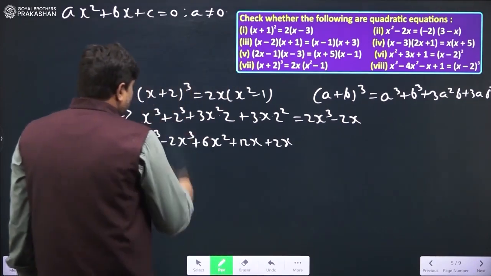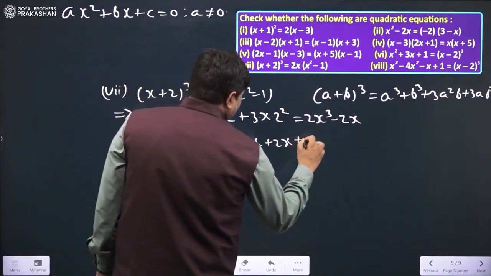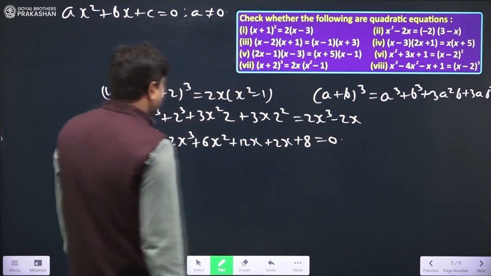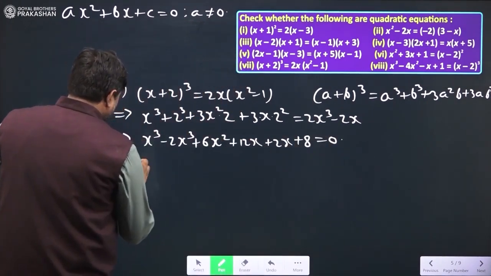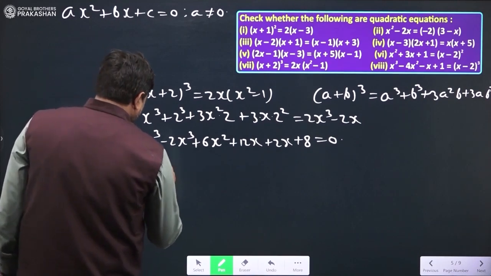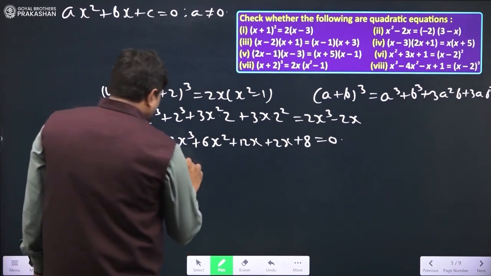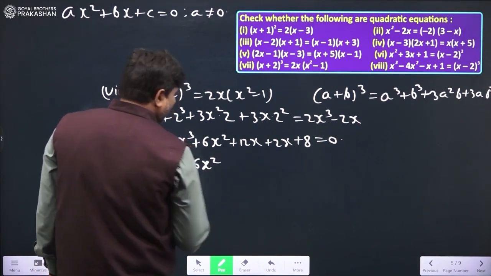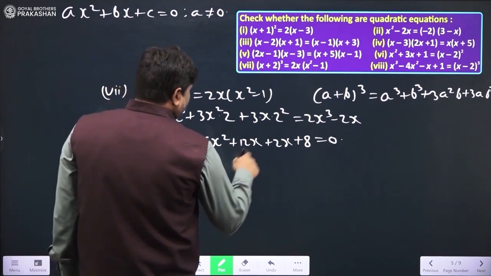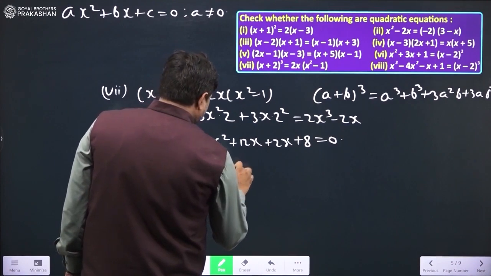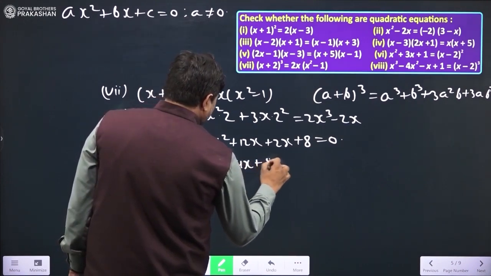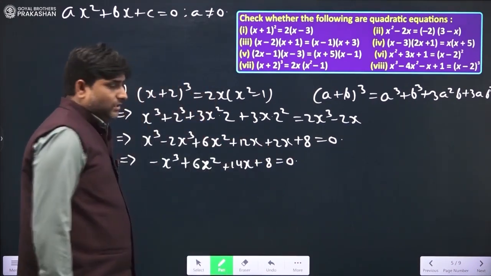Now constant term, this is 2 cube 8 is equal to 0. So we can see x cube minus 2x cube is minus x cube plus 6x square, 12x plus 2x, it is 14x plus 8 is equal to 0.